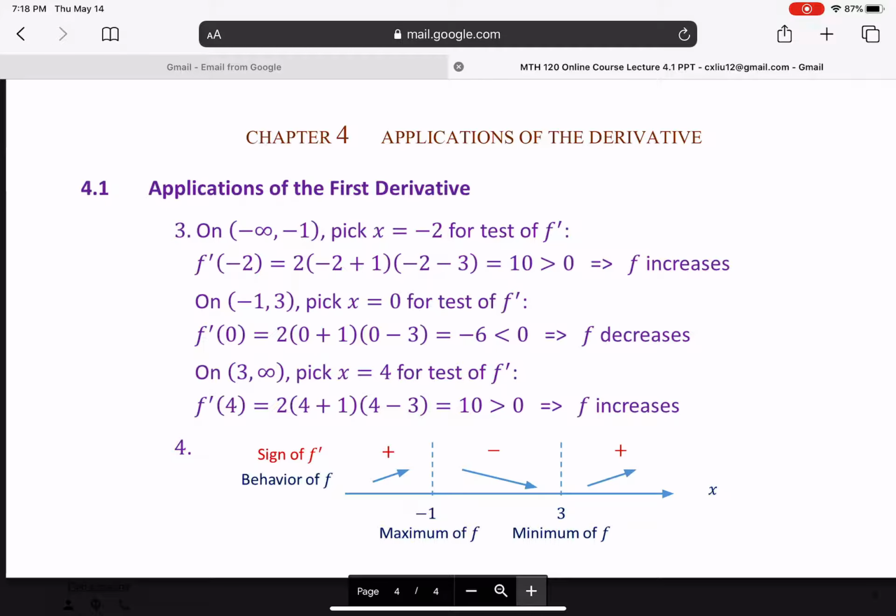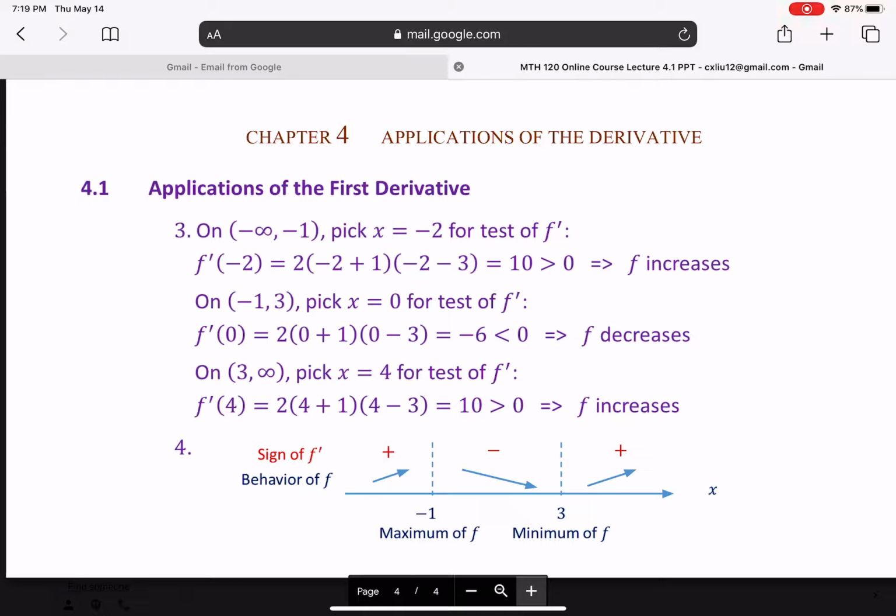That divides the whole domain into 3 regions, as shown in the graph. On the left region, we have a positive sign for the derivative, as we already found. In the middle region, we have a negative f prime, and in the third region, on the right, we have a positive f prime again.